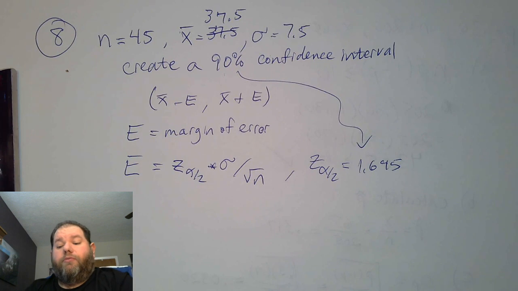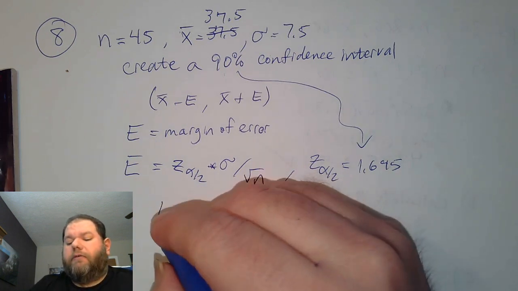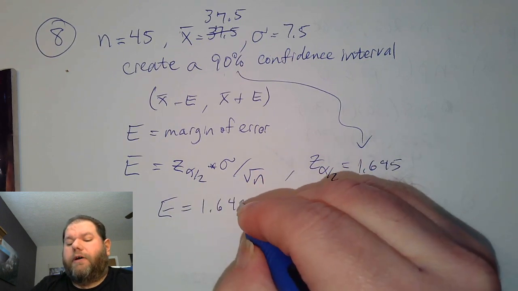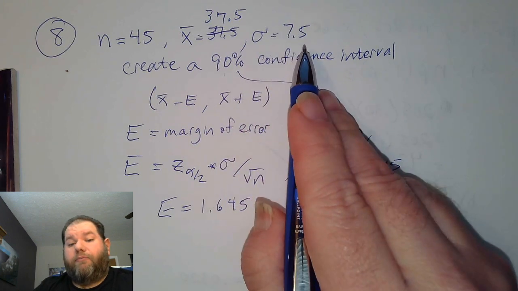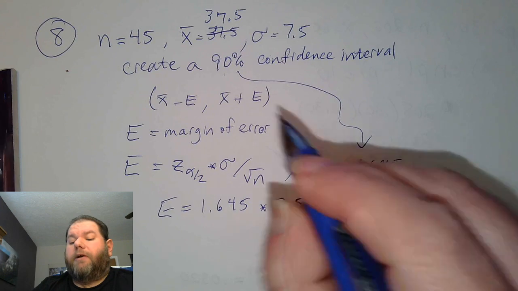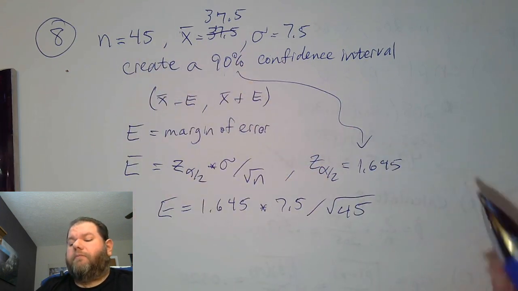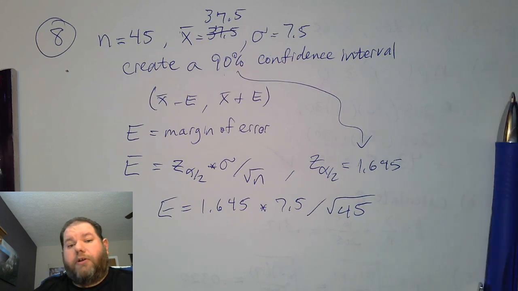Now, from there, we just plug in our values to this formula for E. So E is equal to 1.645 times sigma, which we found was 7.5, and divided by the square root of n, which is 45. Now, on our calculator, we can just do that all in one go.